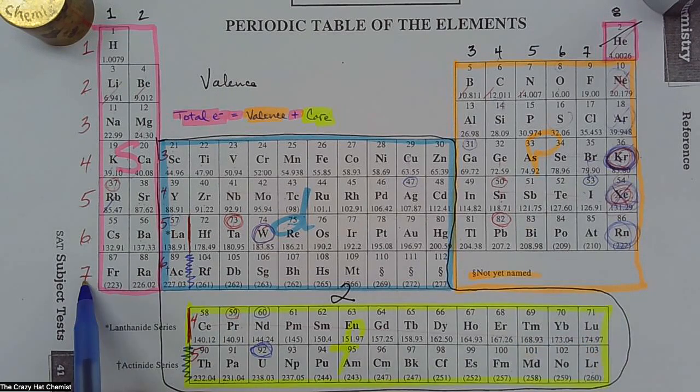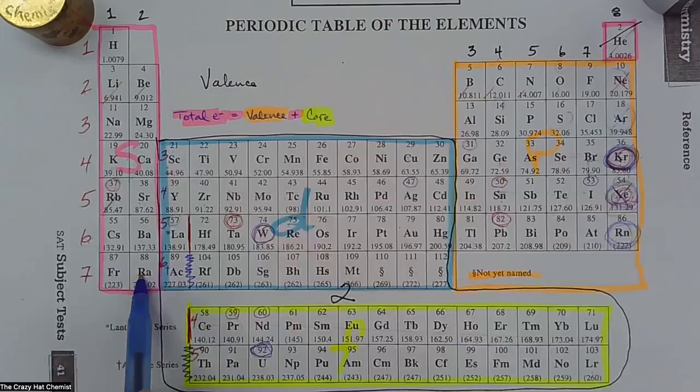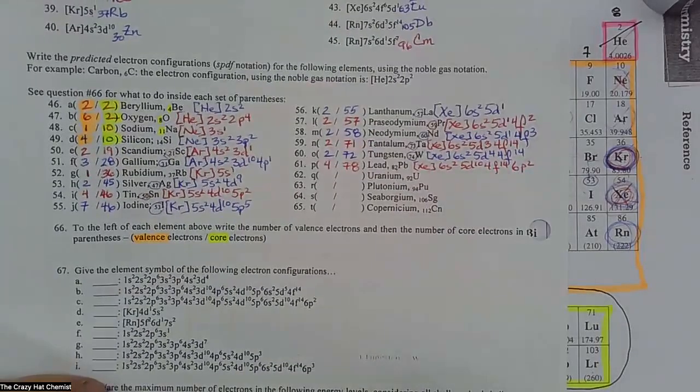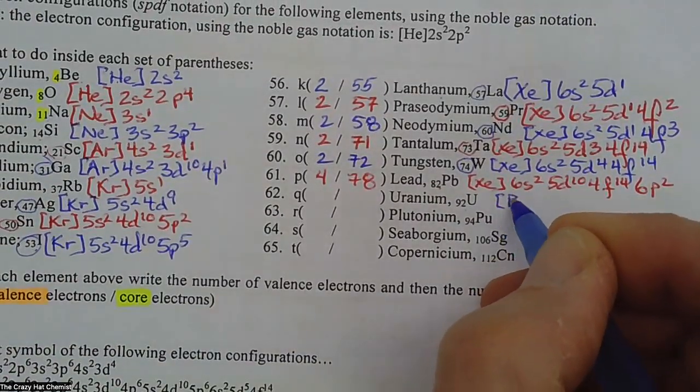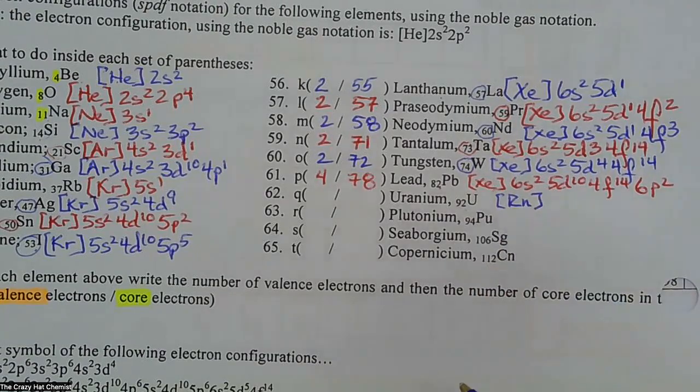Here we go. 7s2, 6d1, 5f1, 2, 3. So radon, that's Rn in brackets.